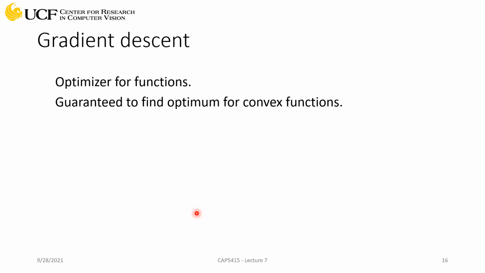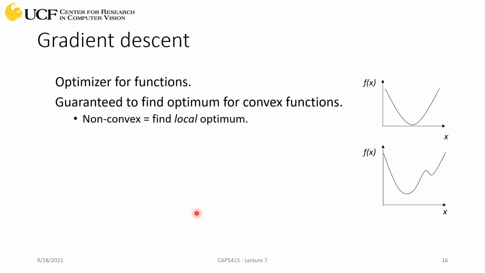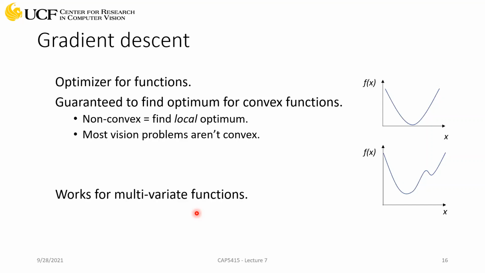It will be a non-convex function. So this is a convex function, but your actual function will be non-convex. So you might find a local optimum point. This is one-dimensional, but you can easily generalize this to multivariate or multidimensional inputs.